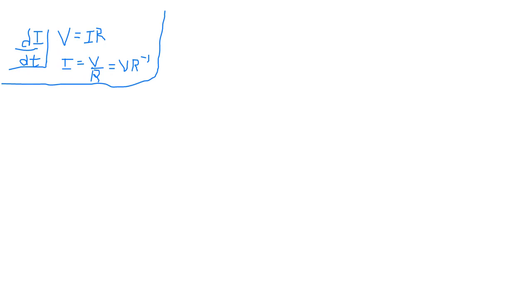So I have my current. If I do a little flow chart, current is a function of voltage and resistance, right?